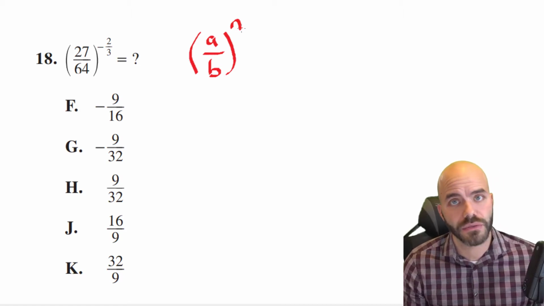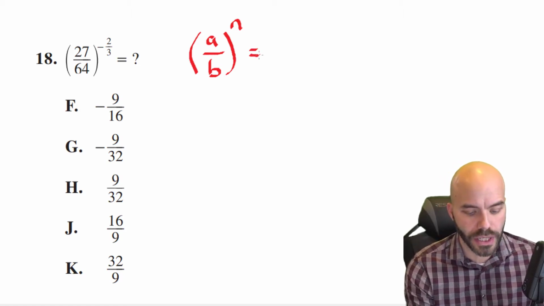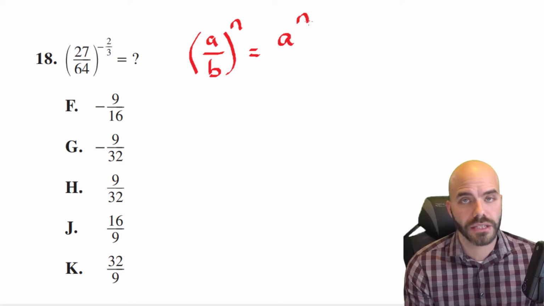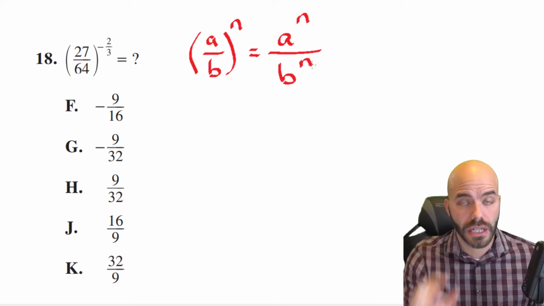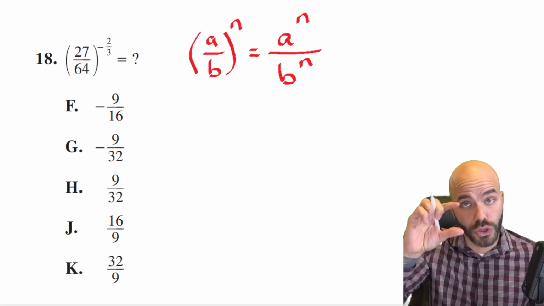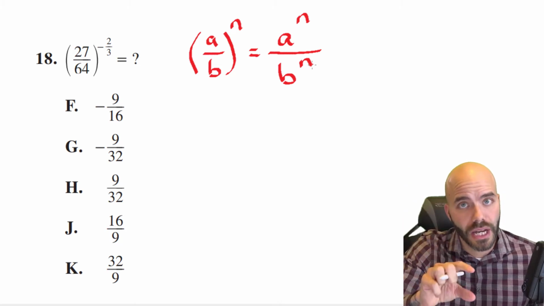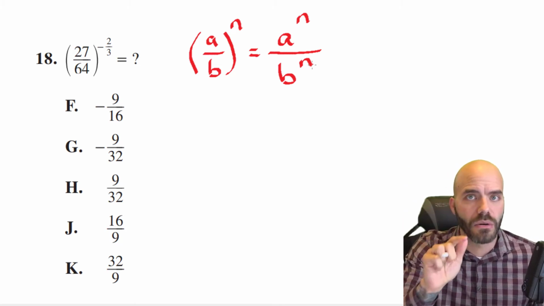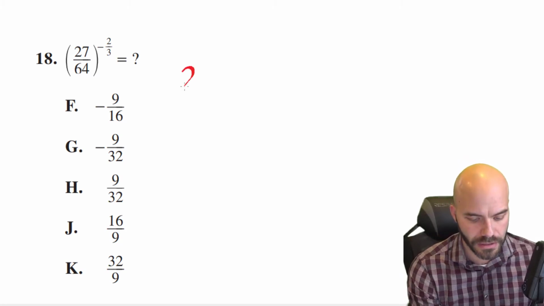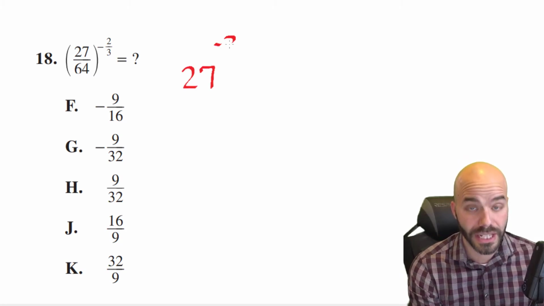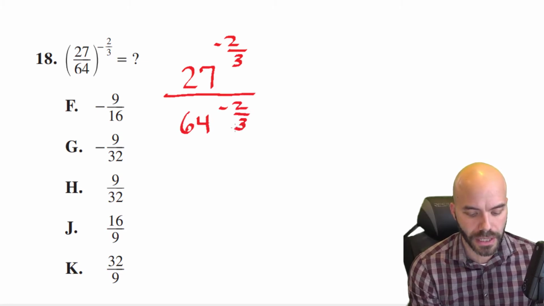We can take the numerator of that fraction, raise it to that power, and then take the denominator, raise it to that power. That's how I want to approach this problem. So using that property, we'll take 27, raise it to the -2/3 power, and then take 64 and raise it to the -2/3 power.